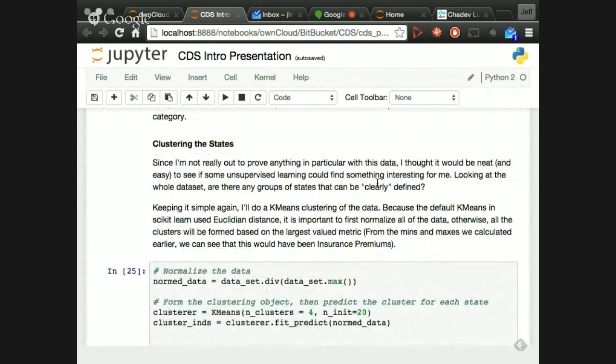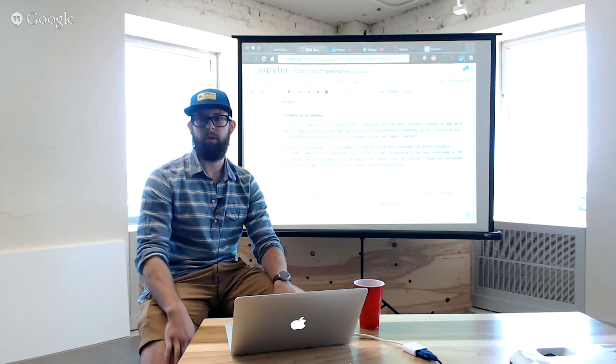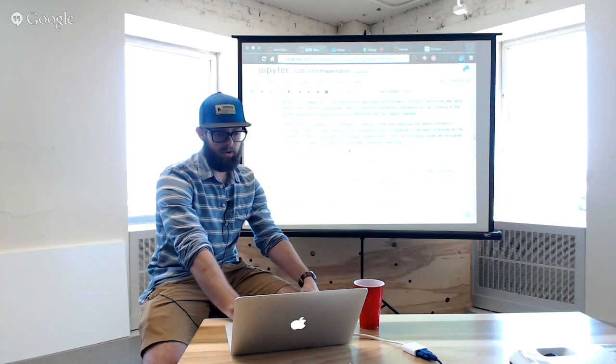And so for that, I use k-means clustering. It's one of the simpler clustering algorithms. In scikit-learn, though, they're all equally simple to implement, so that's nice. But this is simple. You may have heard of it.